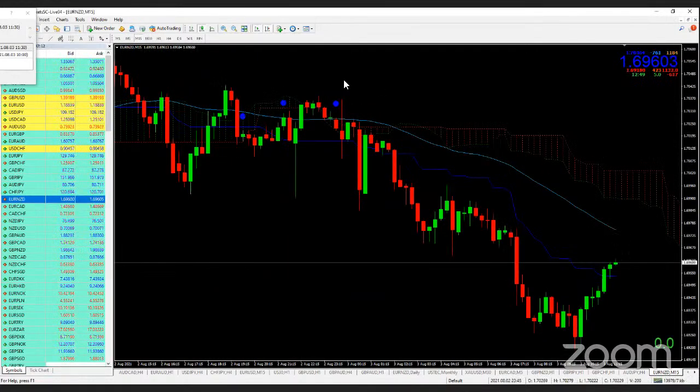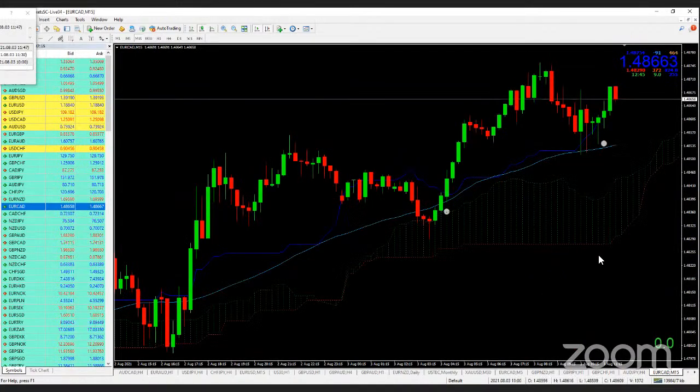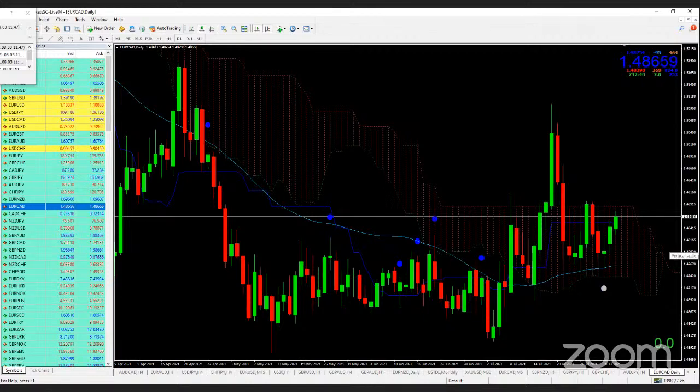Okay, let's try this. EuroCAD. EuroCAD is pushing up, it seems. Our indicator tells us to buy there. That's the daily time frame.